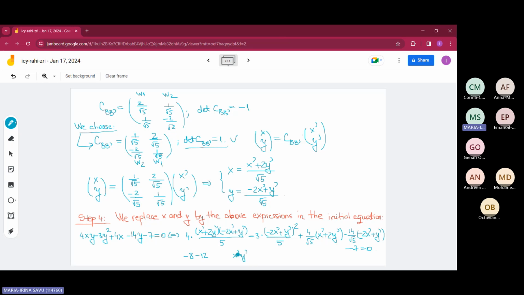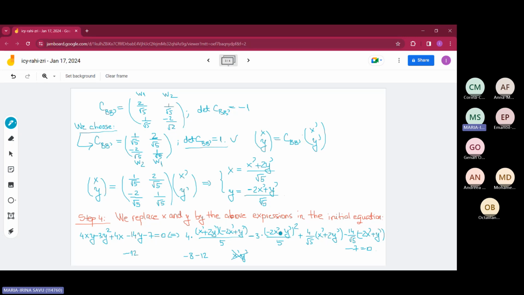We won't obtain yet the term with x prime y prime. Okay, so this term must disappear, and let's check that we won't have this term. So we have x prime y prime, which has the coefficient 1 times minus 4 is minus 4, and 1 times minus 3 times 4 is minus 12.